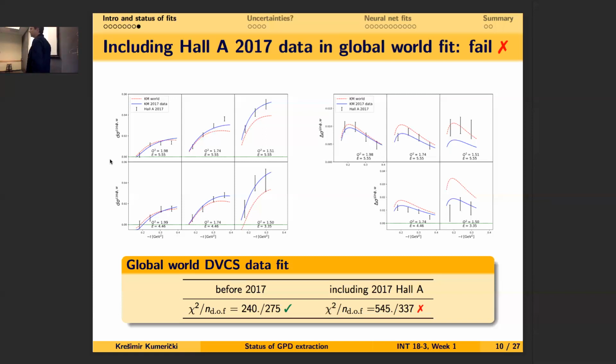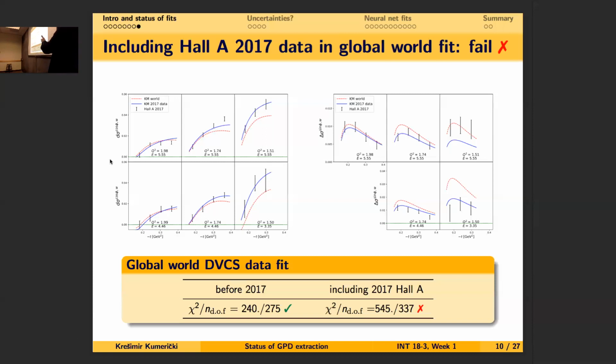At this point, the situation is like this, considering this newest data. And obviously even better data is coming from JLab 12, so we have to be prepared for that, and we probably have to improve our model.